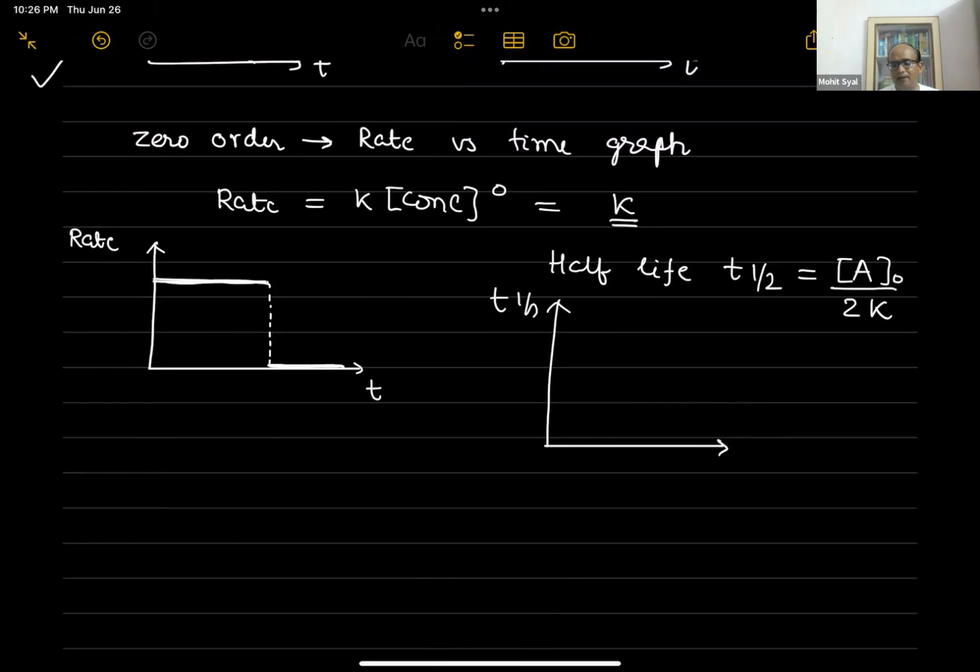So how will the half-life change with respect to the initial amount? If you take more initial amount, more time will be taken for the consumption of half of that amount, because you are taking more initial amount. So half-life is directly proportional to A, and it will be like this.